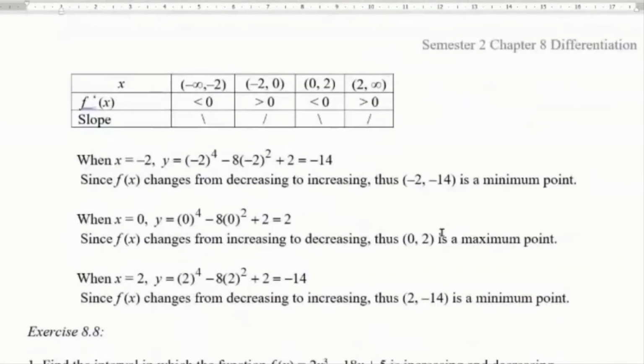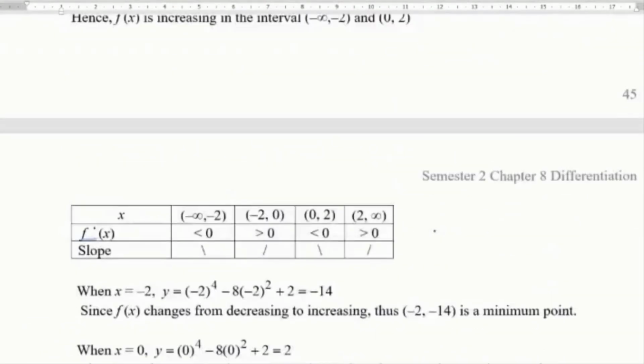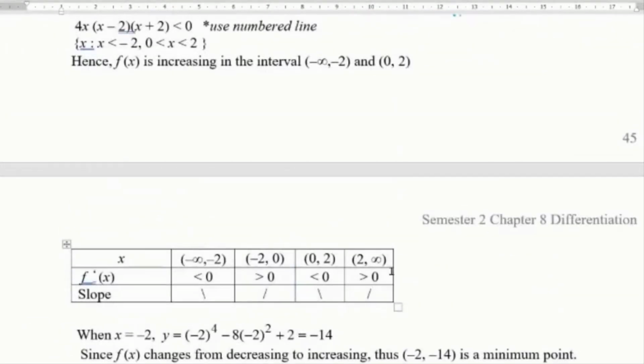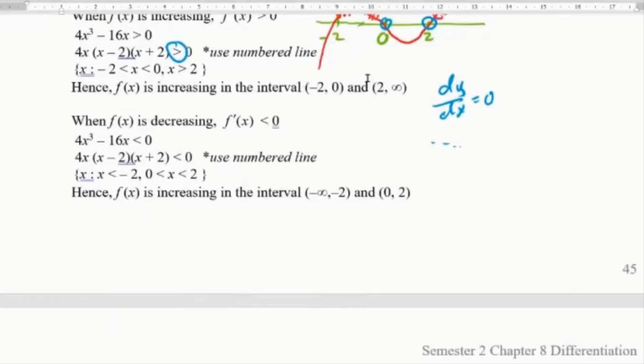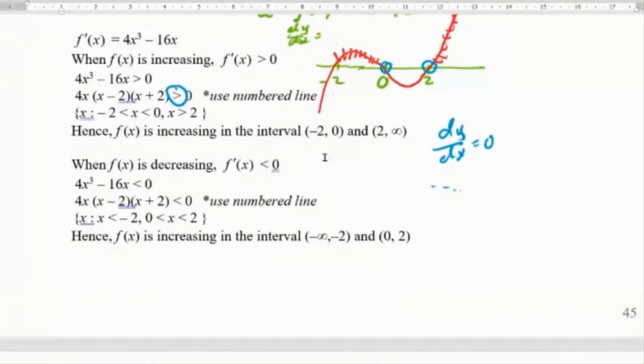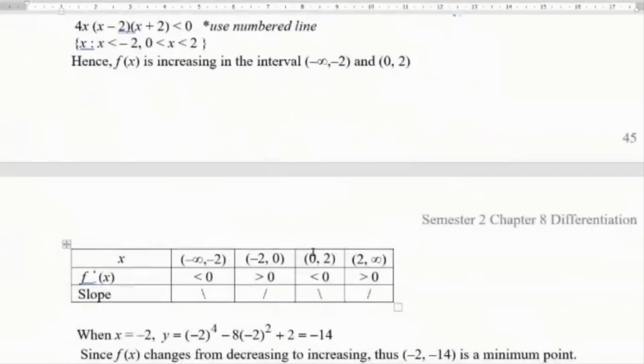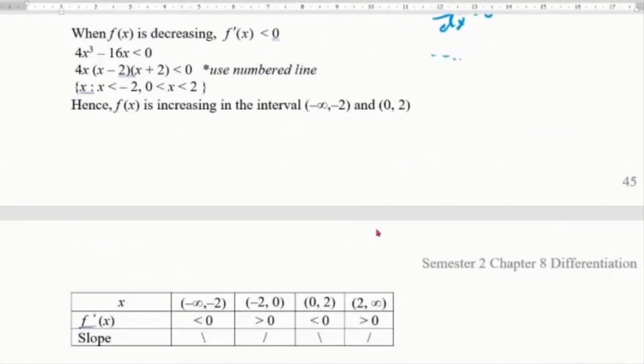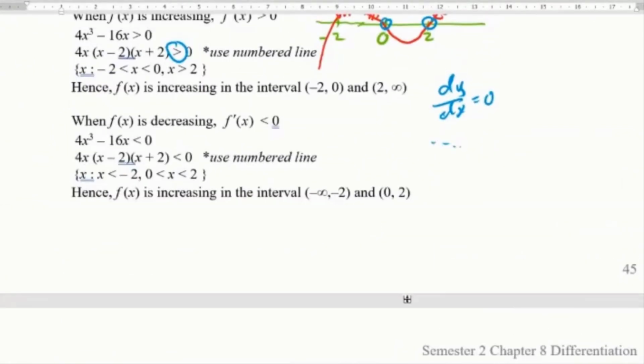So now you list down all the intervals you have got just now in order. Just now you had 4 intervals. You arrange them according to their order. First on the left-hand side must be this one, followed by -2 up to 0, then 0 up to 2, then from 2 up to infinity.